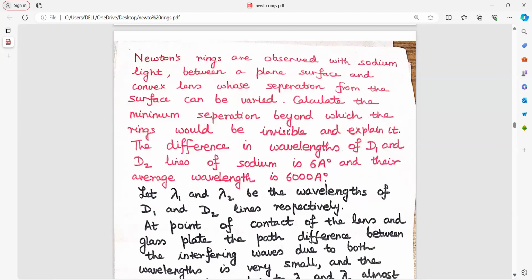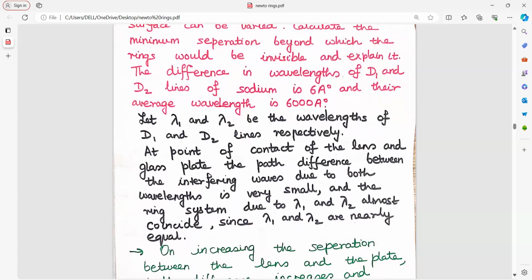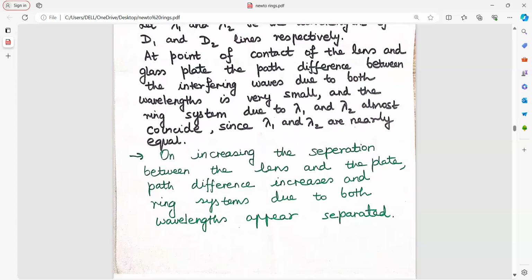Newton's rings are observed with sodium light between a plane surface and a convex lens whose separation from the surface can be varied. You have to find the minimum separation beyond which the rings would be invisible, and you have to explain the reason. For this, let us assume lambda 1, lambda 2 to be the wavelengths of the D1 and D2 lines respectively. Now at the point of contact of lens and glass plate, the path difference between the interfering waves due to both wavelengths is very small, and the ring systems due to lambda 1 and lambda 2 almost coincide.